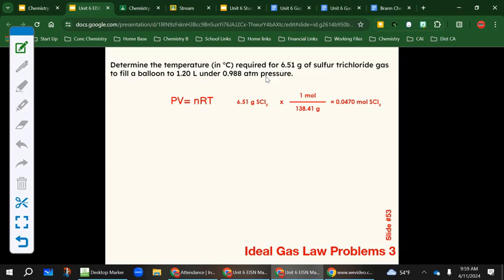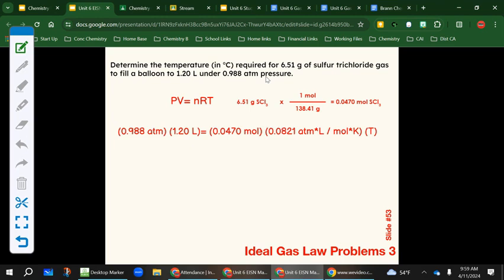So if we're dealing with 1 liter instead of 22.4, that's about 1/20th. Don't be surprised if your moles are fairly small numbers, about 1/20th of a mole.